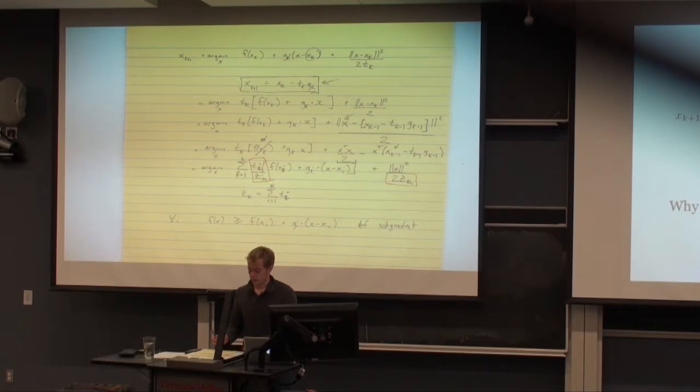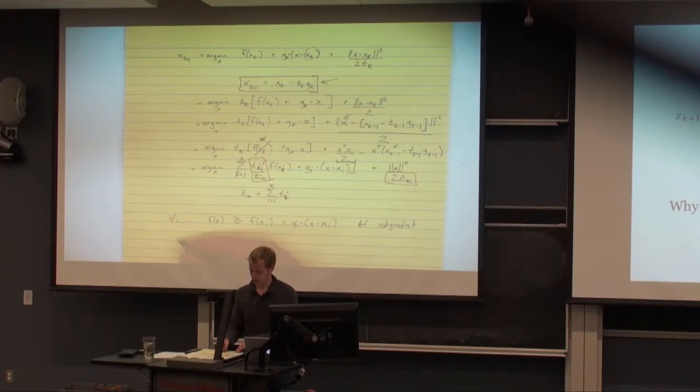So we can take any linear combination of these constraints and come up with a lower bound on our function. In particular, if I take any lambda i's that sum to 1 and are greater than 0, then I know that f of x is greater than or equal to the sum of those constraints.